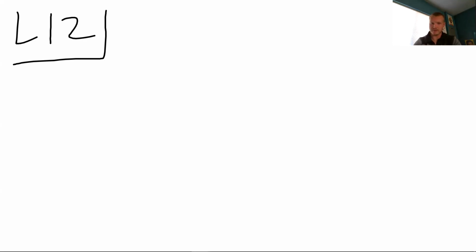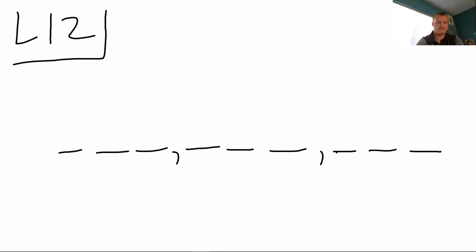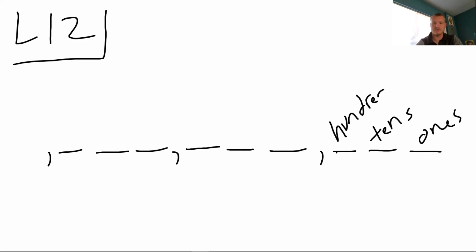So let's start with ones, tens, hundreds, thousands, 10,000. Oh, I didn't give myself enough room already. So ones is that first spot, tens, then hundreds, then thousands.